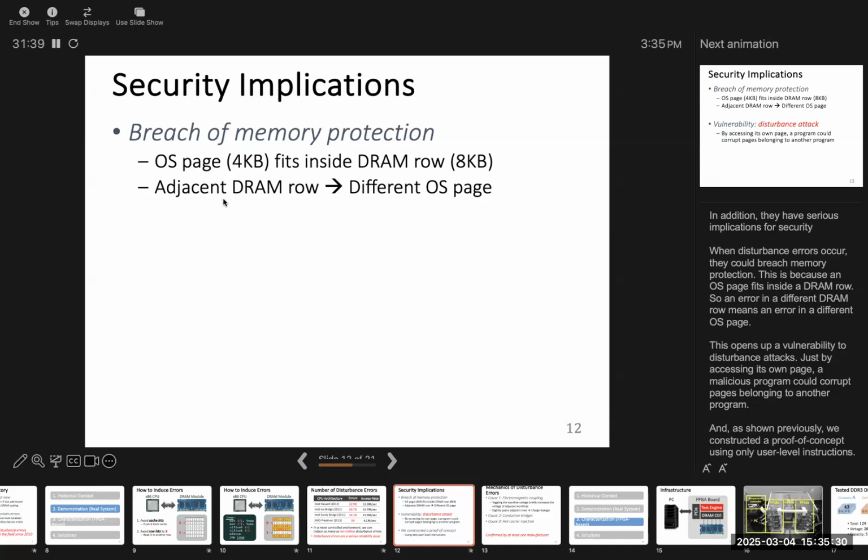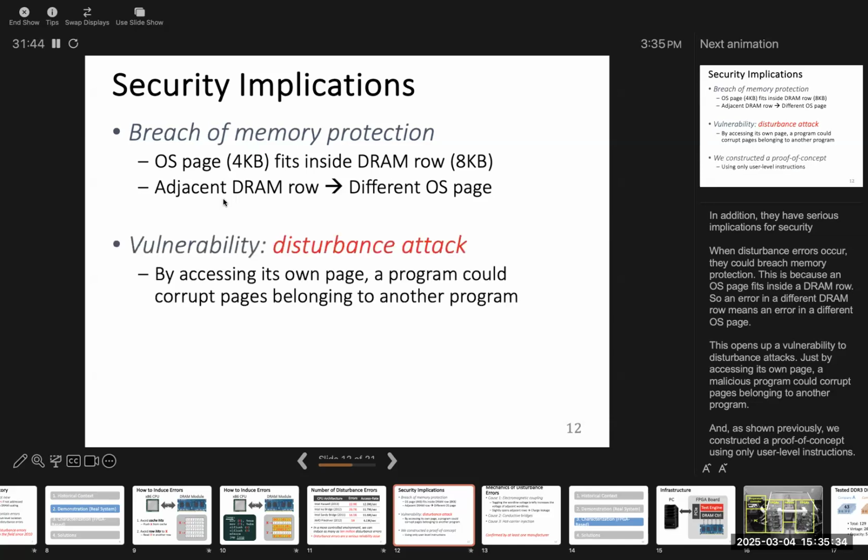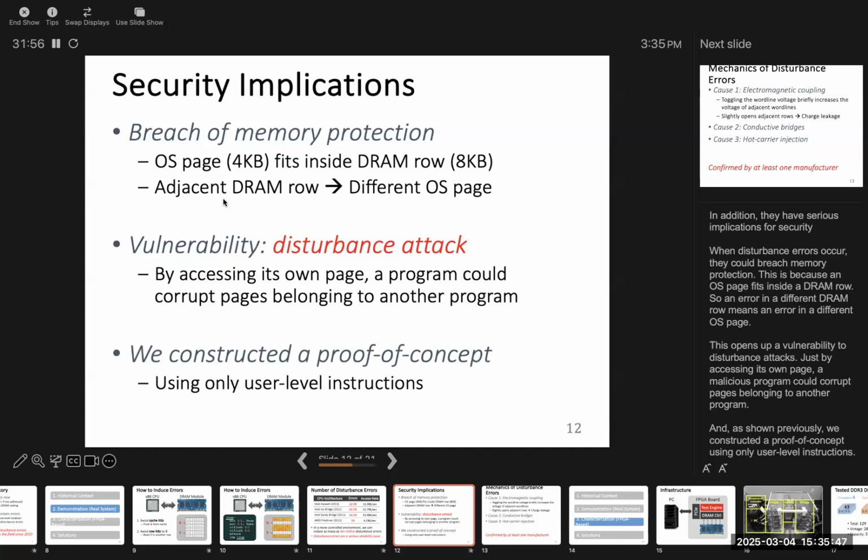But if it is the OS, it can affect many things. So here is this disturbance attack. By accessing its own page, a program could corrupt pages belonging to another program. And they have shown in the previous example a very simple program by which they can corrupt the data of the victim without using any privileged instructions.